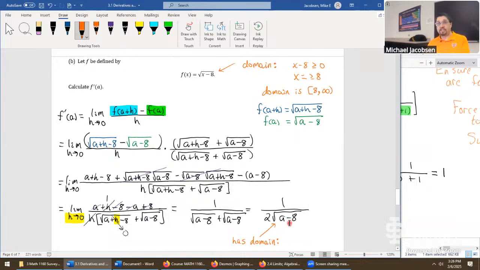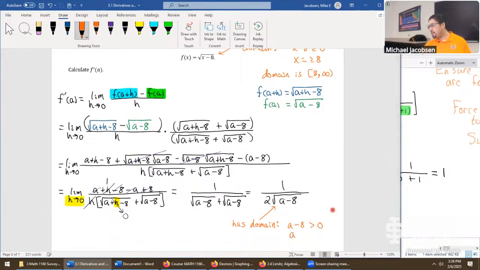You divide by 0 once again. It's undefined. So we have to take a minus 8, set it strictly greater than 0 this time, solve, and we have a strictly greater than 8. So the domain of f prime, the derivative, is parenthesis 8 off to infinity, whereas the domain of the original function included one additional point. It's actually defined at 8. It would just be 0.